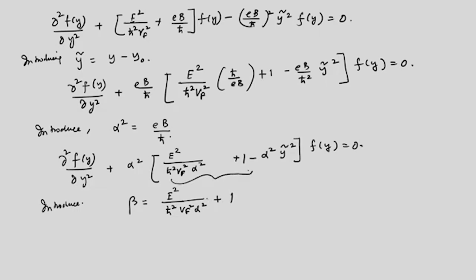So this quantity is equal to beta. So we have 1 over α² ∂²f(y)/∂y² plus beta minus α² ỹ² and f(y) equal to 0.